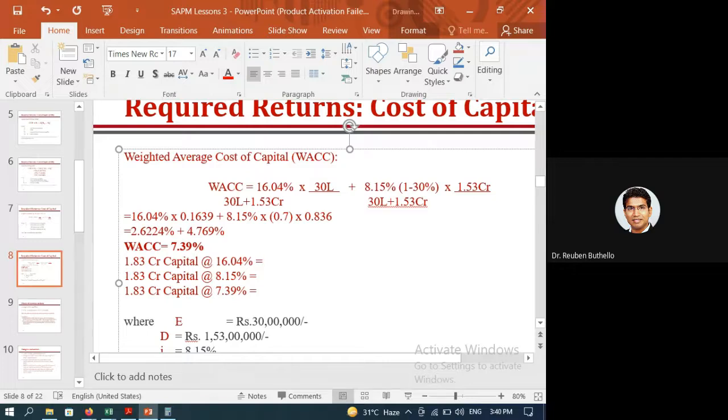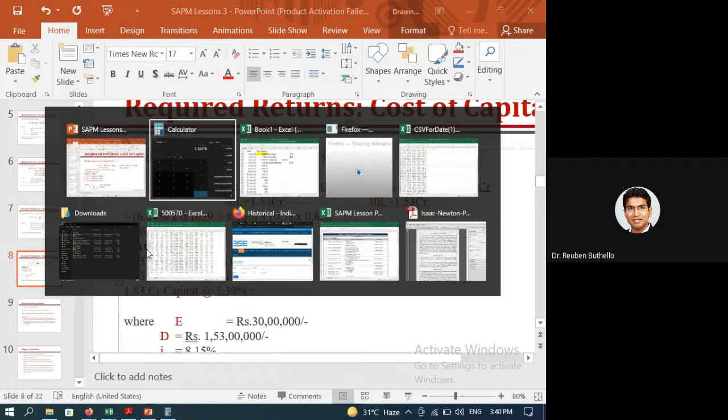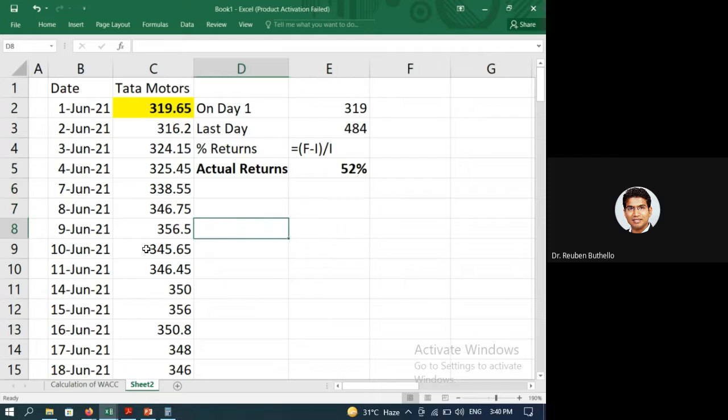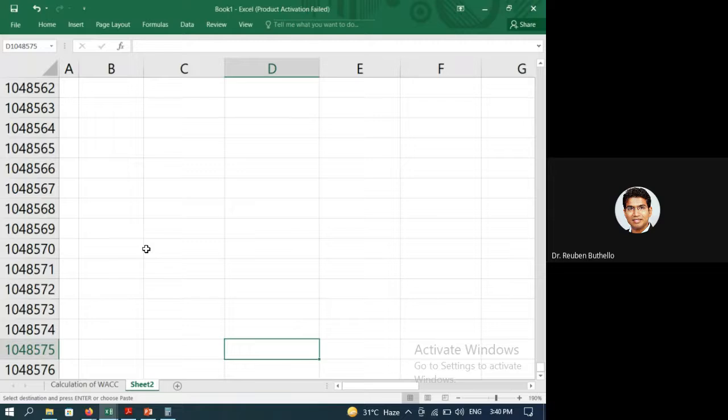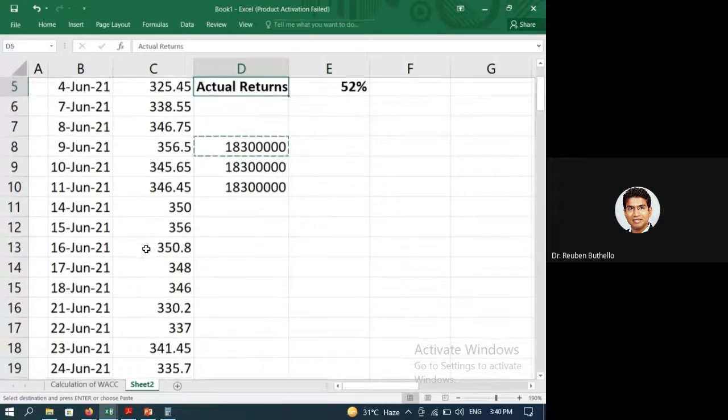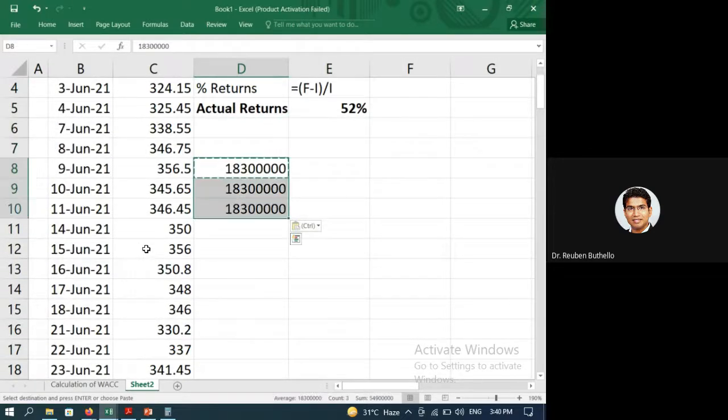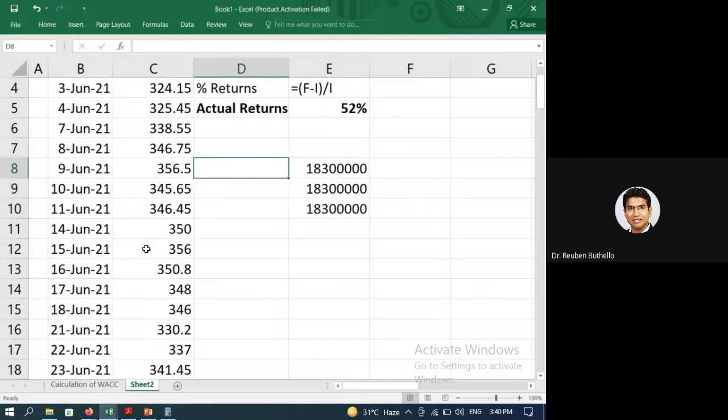Suppose I took 1.83 crore entirely from equity. Let us write it down here: 1 crore 83 lakhs. Suppose I took this amount from equity, from debt, and combined.